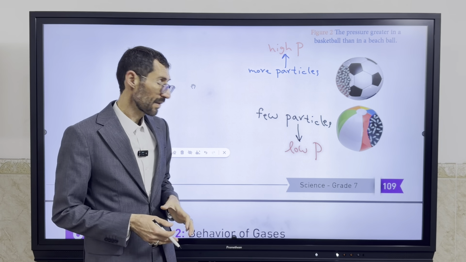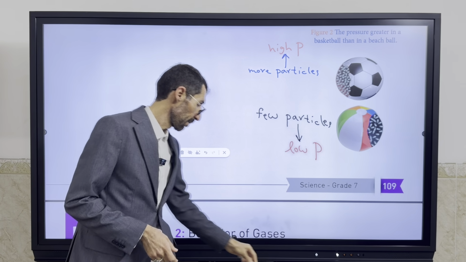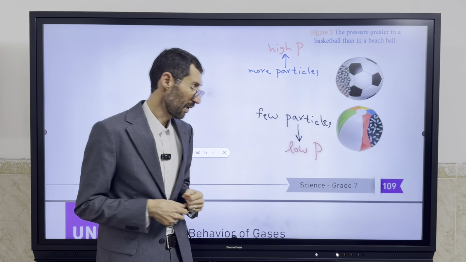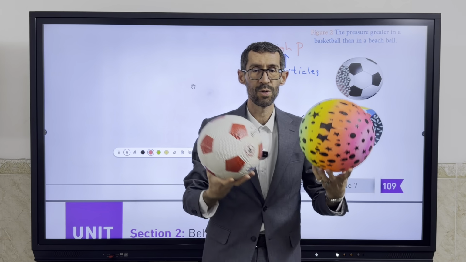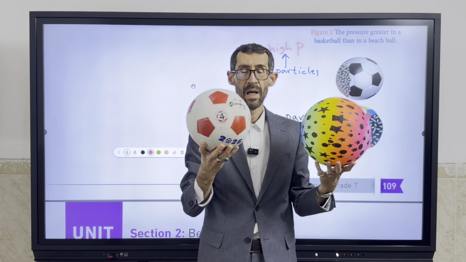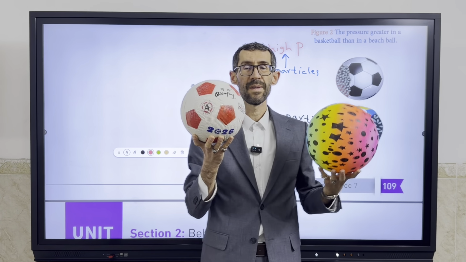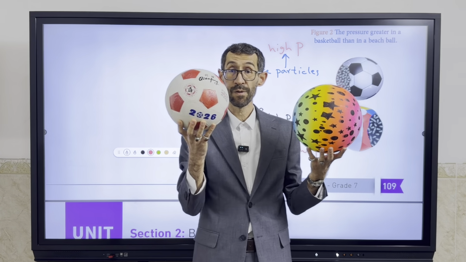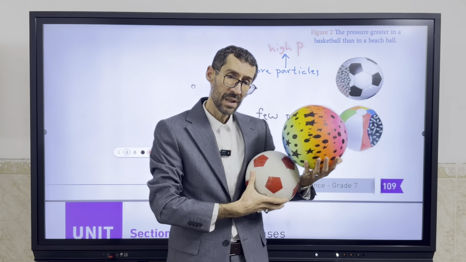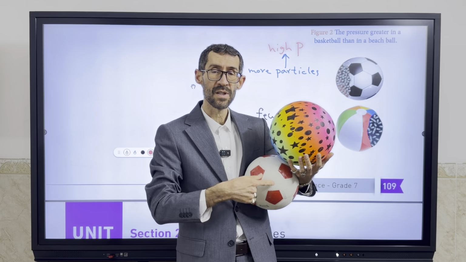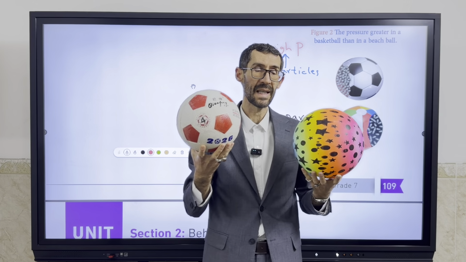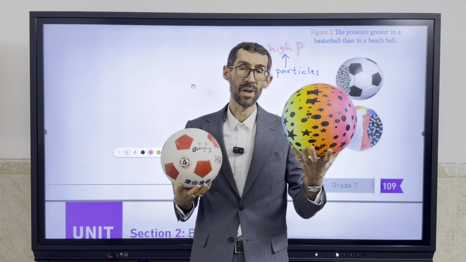I want to show you two balls. I've brought two balls, a football and a rubber ball. Let me show them to you. There are more particles inside the football than in a rubber ball. If you touch the surface of the ball, it feels hard, harder than the rubber ball.